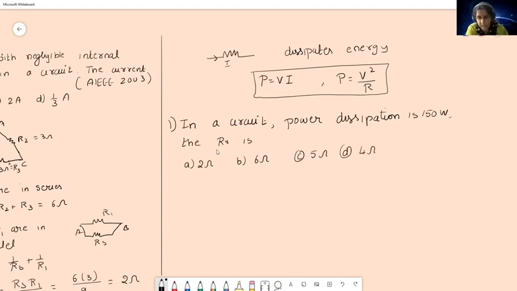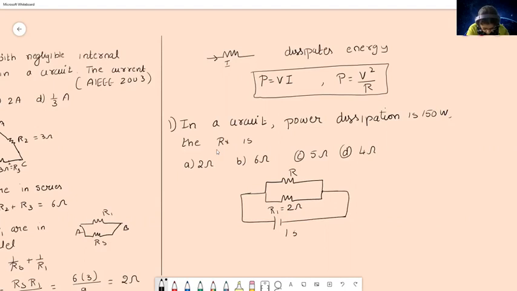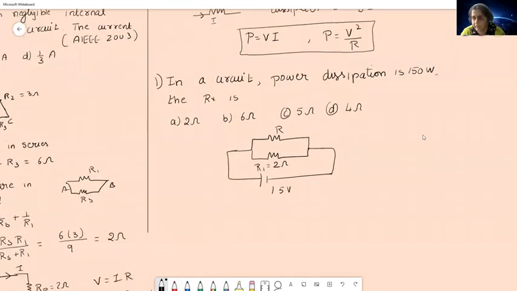The diagram given here has R connected in parallel with 2 ohm. Let me call this R1. Then we have a voltage source, 15 volt. The power is given by 150 watt.